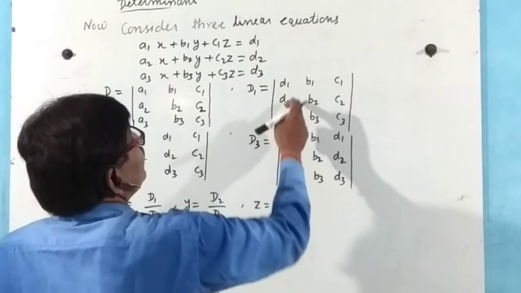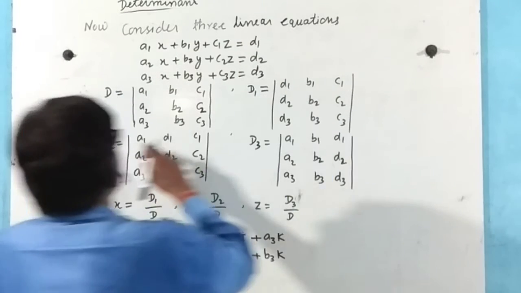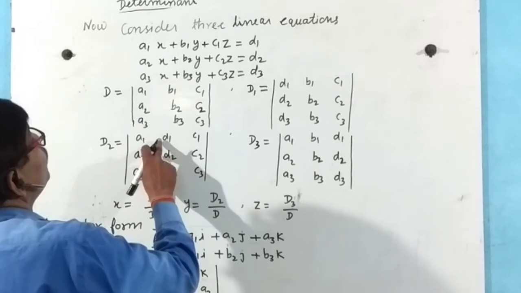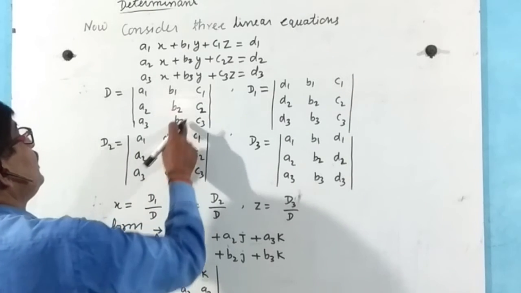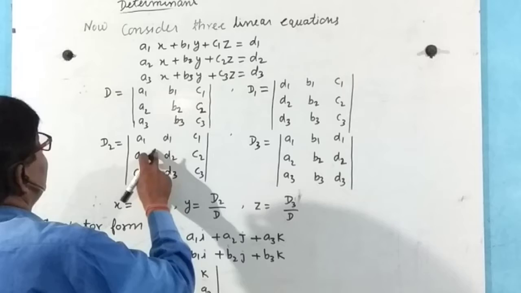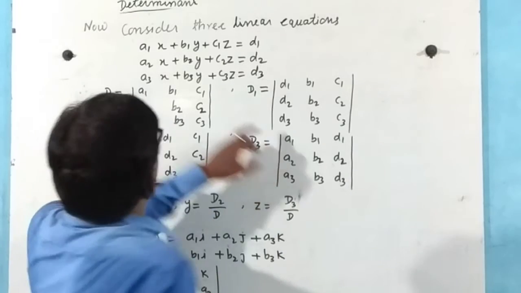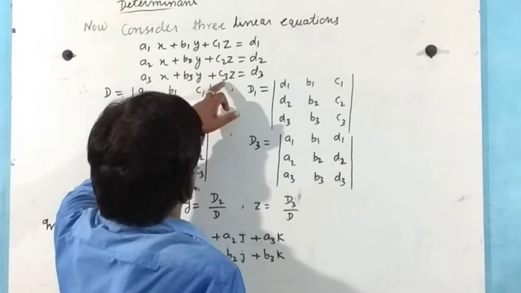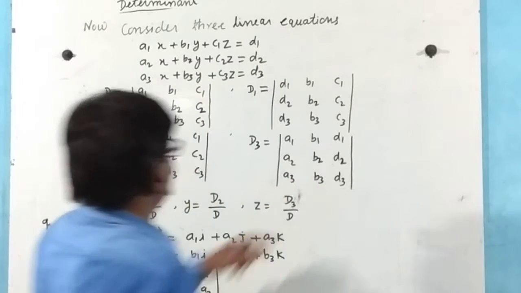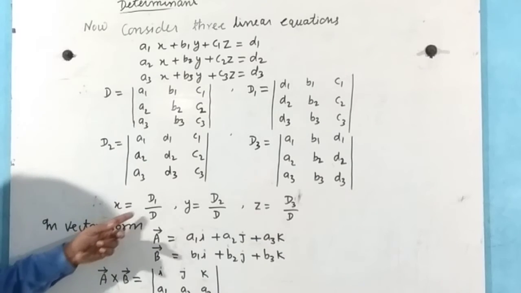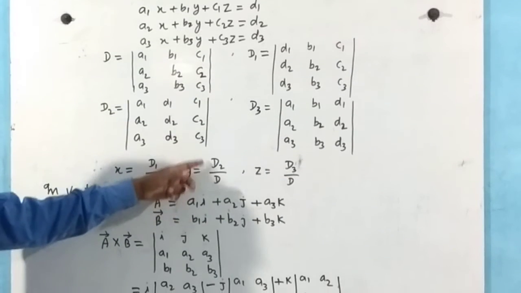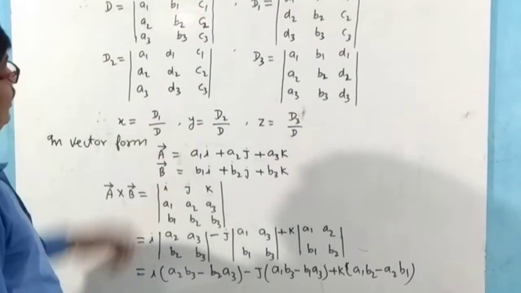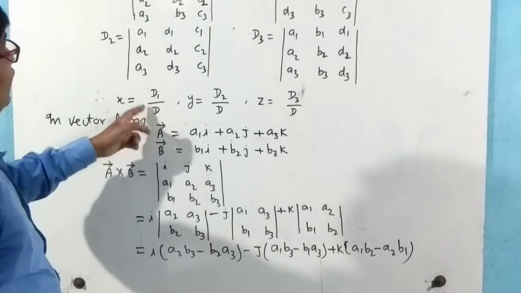D2, for the value of y, is b1, b2, b3 replaced by d1, d2, d3, and D3 is c1, c2, c3 replaced by d1, d2, d3, so that x equal to D1 by D, y equal to D2 by D and z equal to D3 by D. Now if the linear equations are given, we calculate the determinants and put the values directly.